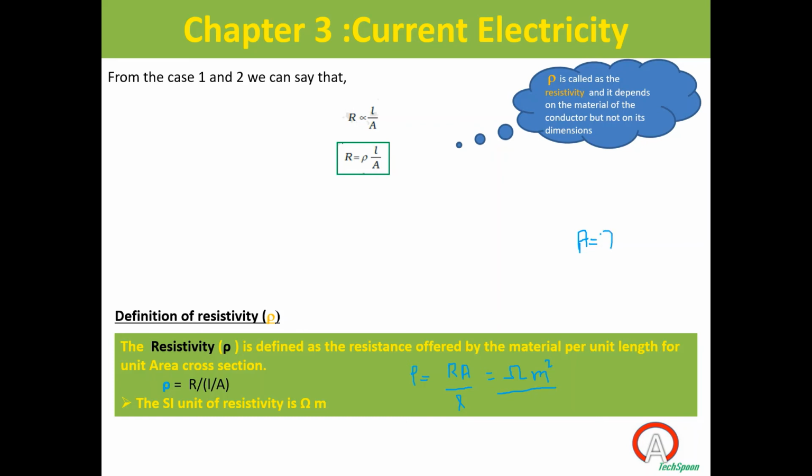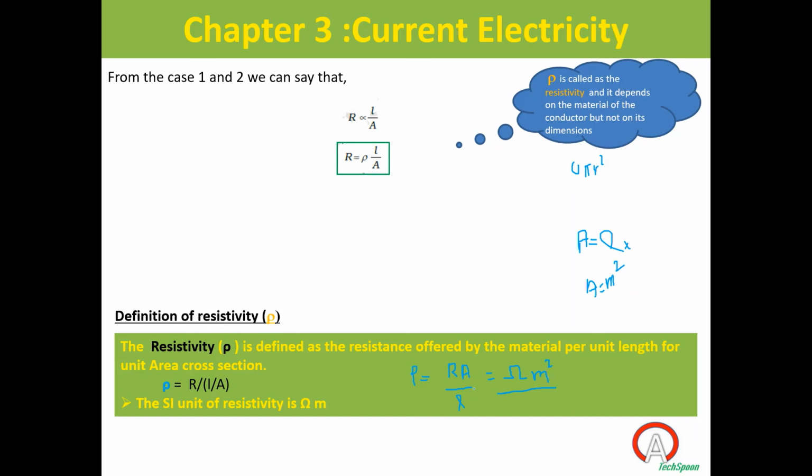Length into breadth, always. But since it is a wire, pi r square. Pi has no unit, and r is length. So area of cross section is always meter square. Length and breadth have a unit of meter, so meter into meter, meter square. So the area of cross section unit is meter square.